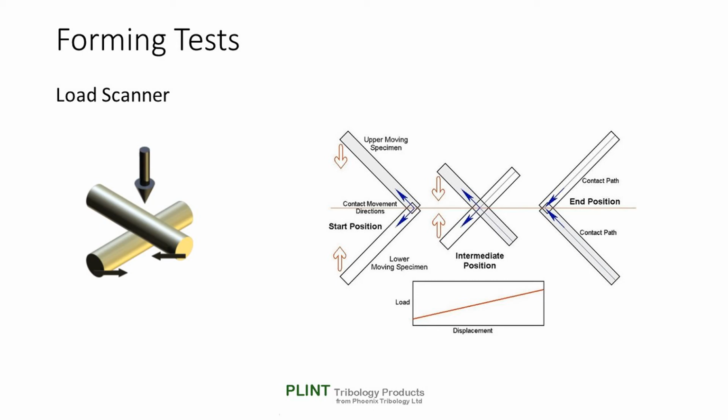The orientation of the test specimens and their relative sliding motion during testing is arranged in such a way that the contact spot moves along a contact path on both specimens, and each spot along this path on one specimen will only make contact to one spot on the other specimen and vice versa.